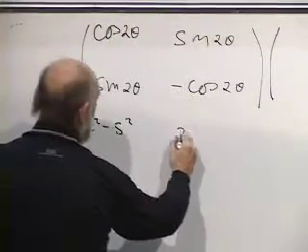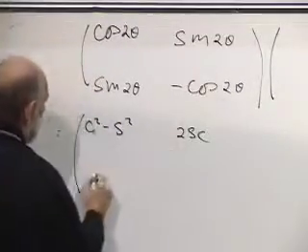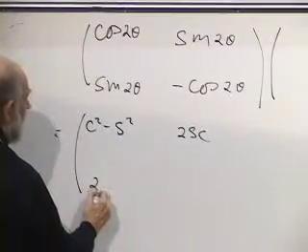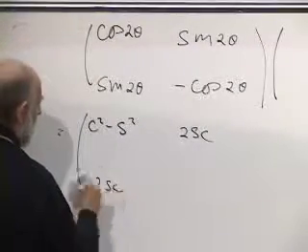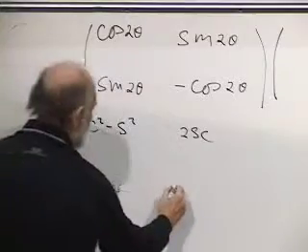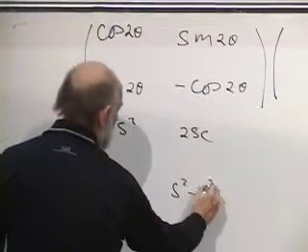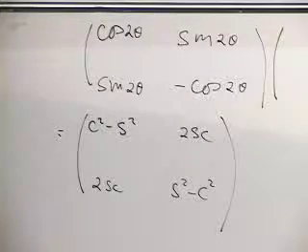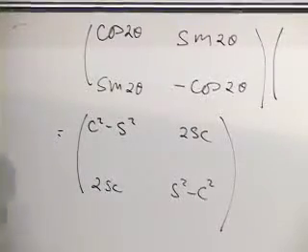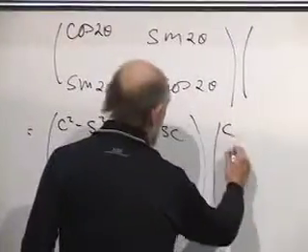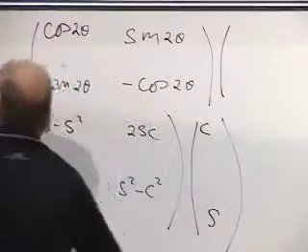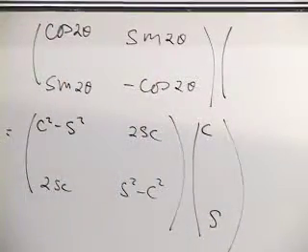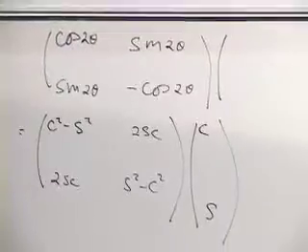This is twice SC, twice SC, and this is S squared minus C squared. And we want to apply this now to theta. Well, what is theta? Theta is CS, look up in the upper right corner.